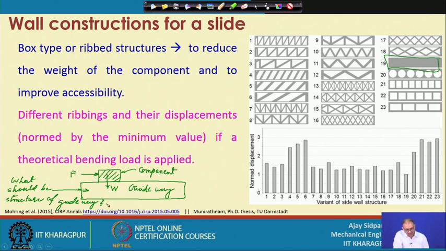So, first start with the solid one, because now what is the criteria, that we have to actually see the strength versus weight, correct. So, this is the criteria we have to follow.